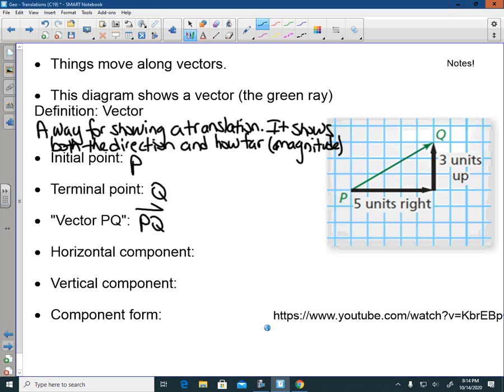Now our horizontal component, since this thing moves, we have to be able to describe how it moves. If you want to travel from P to Q on a coordinate plane, you're essentially going 5 units to the right and 3 units up. So our horizontal component would be all of the movement that this vector has along the x-axis.